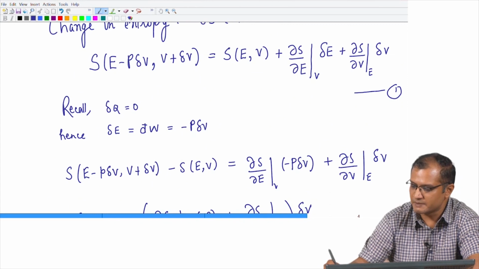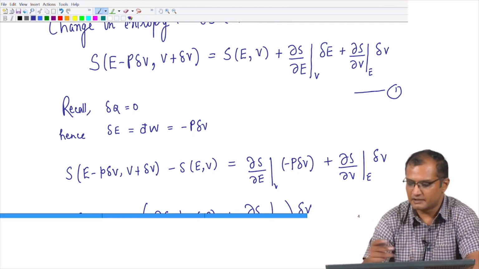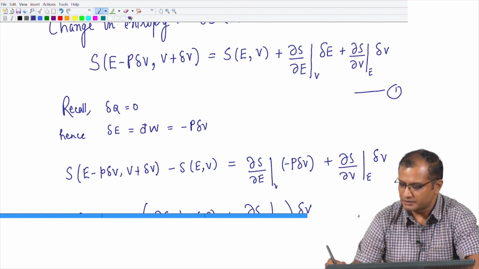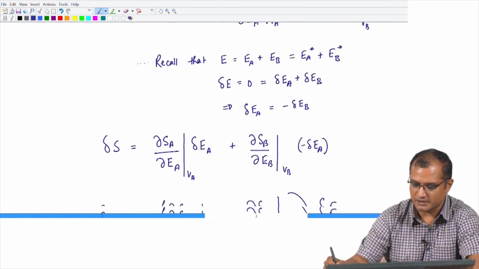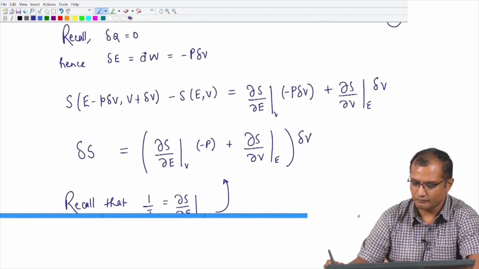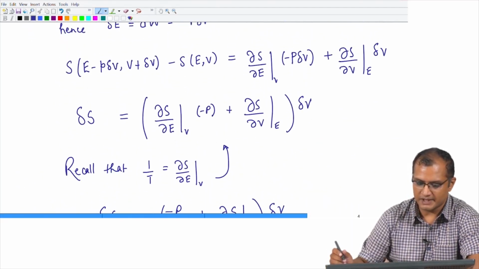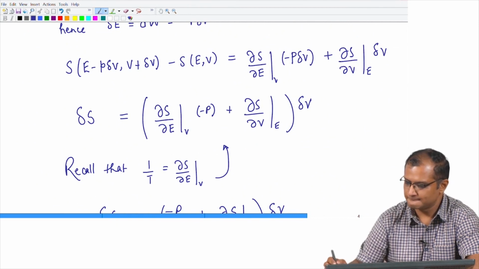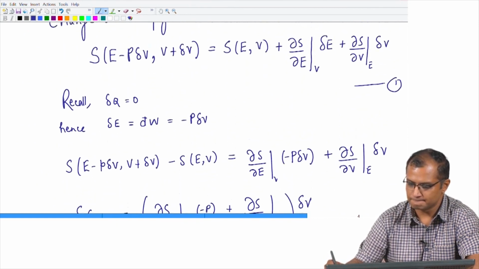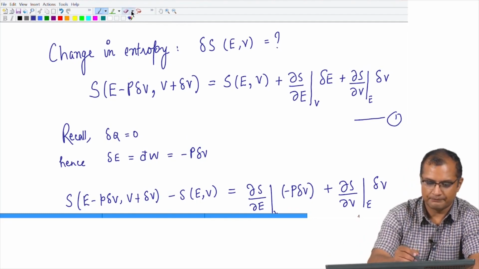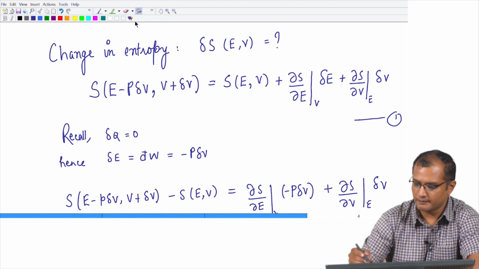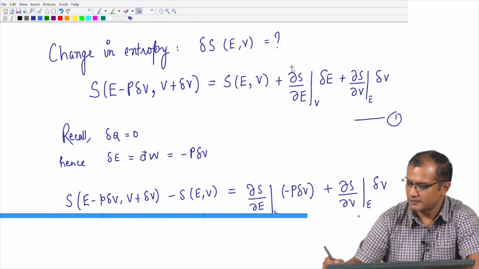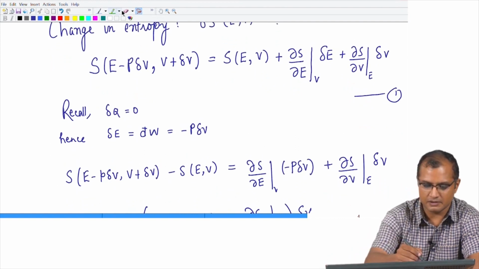Basically I will take the entropy on the right hand side and left hand side, and write down equation 1 again.